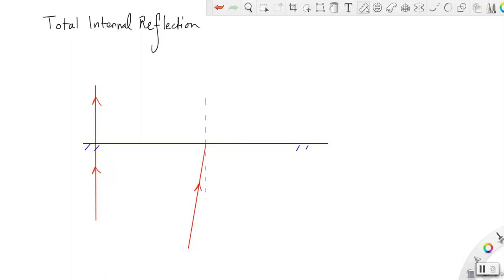Now what I want you to do is get your calculator. You can pause the video and get your calculator and ensure that you're following along with me on this. I need to be 90 degrees from the normal and then 13.4 degrees from that, which carries me down to about there. So that is the deviation we would expect coming out of the water at such a shallow angle.